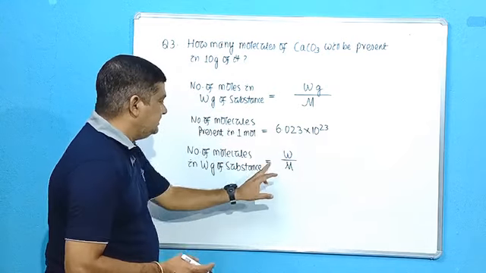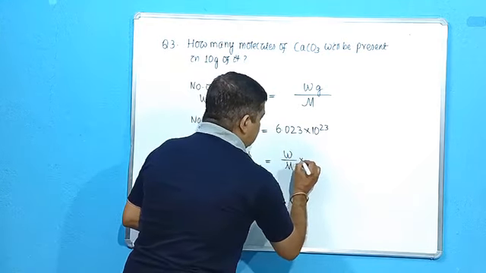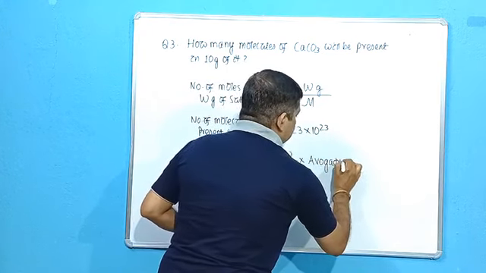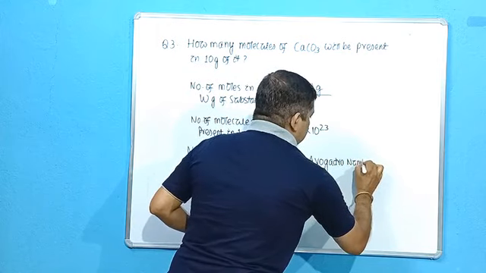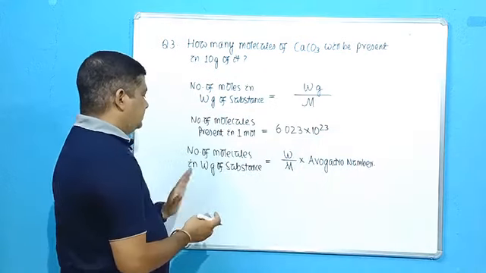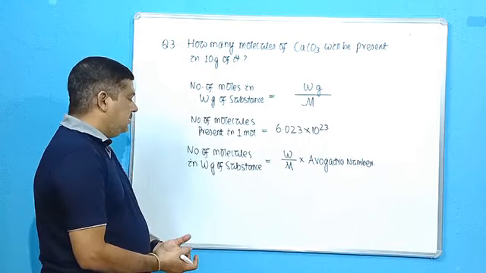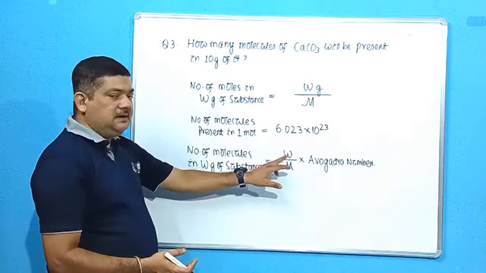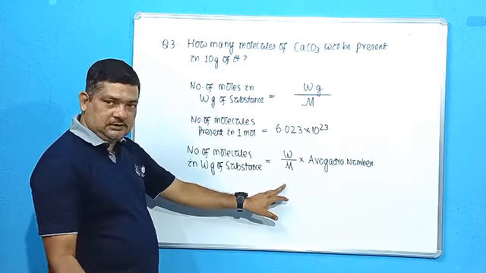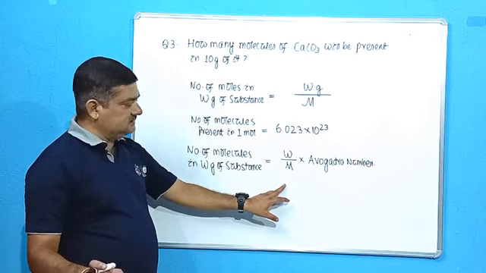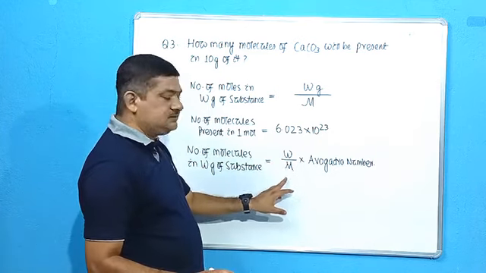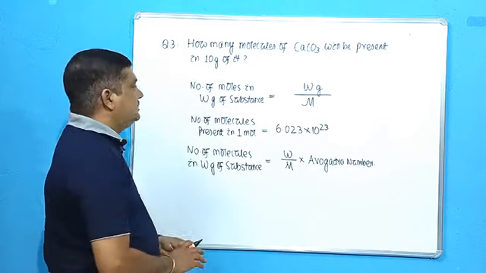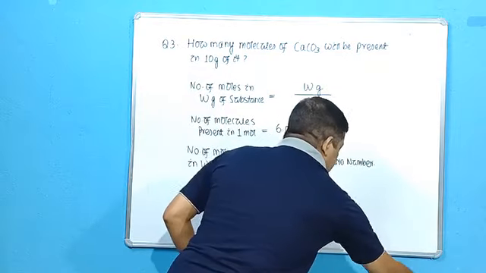Each mole has that many molecules, so the number of molecules will be moles into Avogadro number. So this becomes the formula to calculate the number of molecules in a given mass of substance: given mass in grams divided by molar mass, into Avogadro number, will give you the number of molecules in W gram of substance.